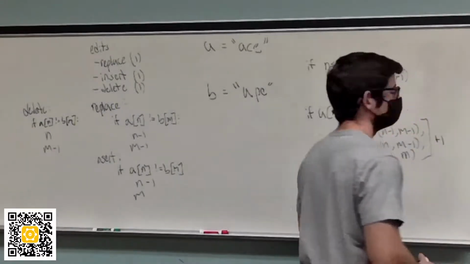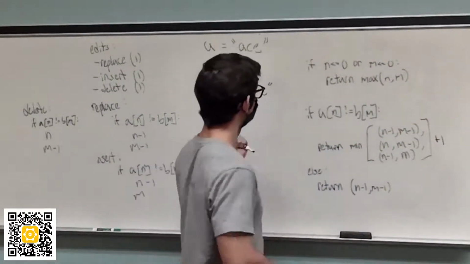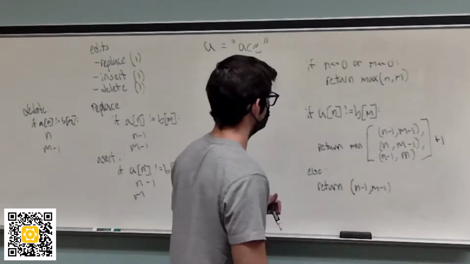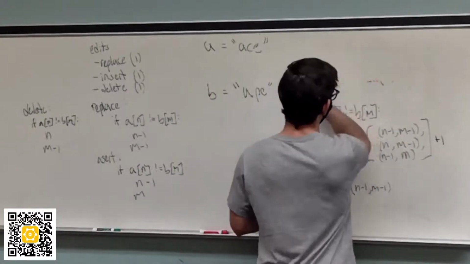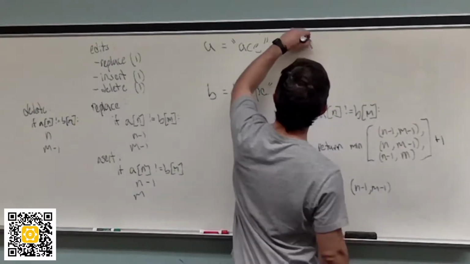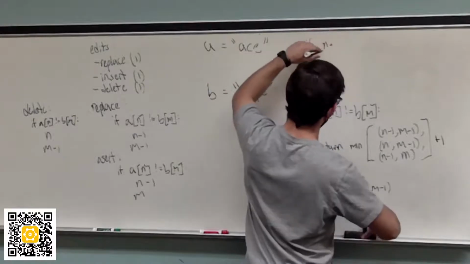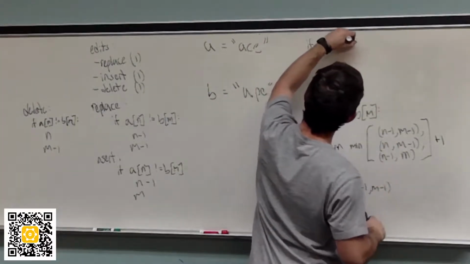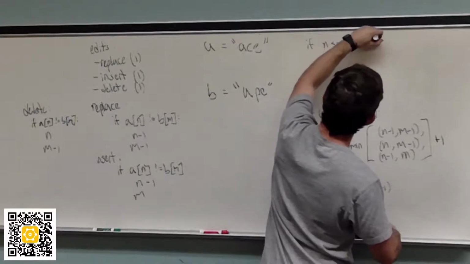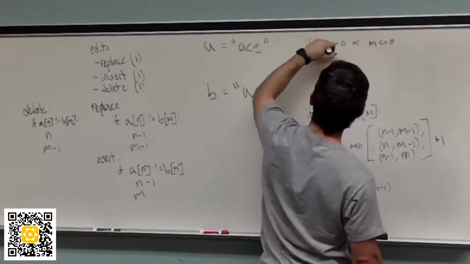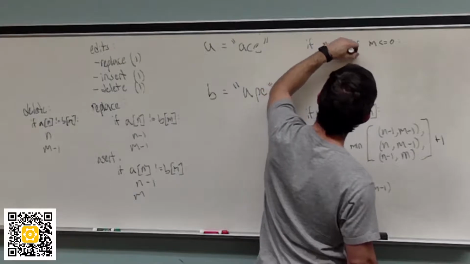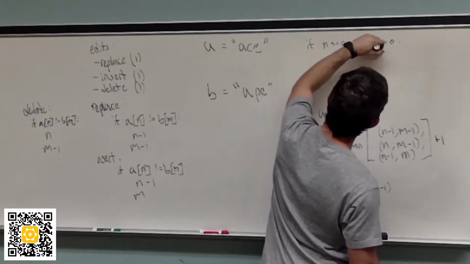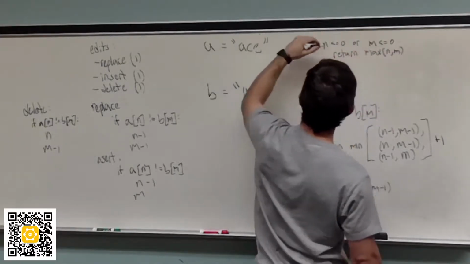All right, so yes, we want to add that exact work right there. Let me move this up. Or m is less than or equal to 0, return max of n or m.